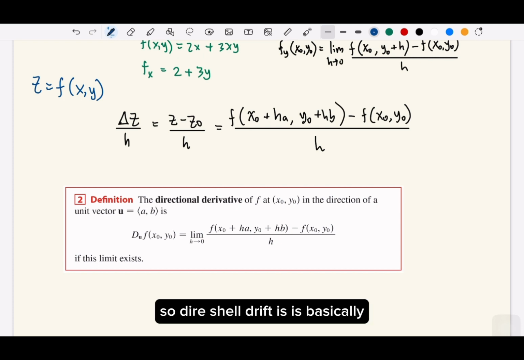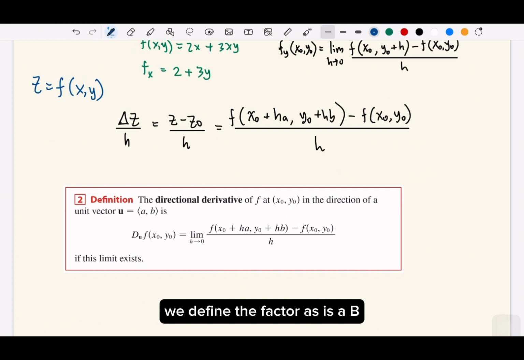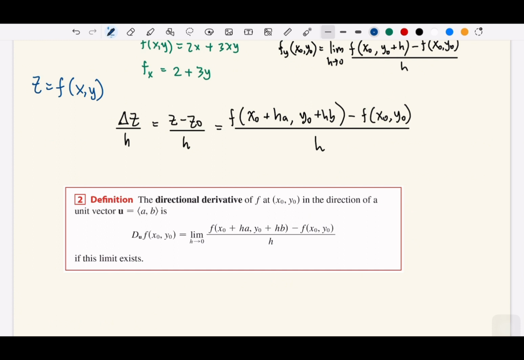The directional derivative is basically, we define the vector as this AB, which is parallel with the line that is in this surface.